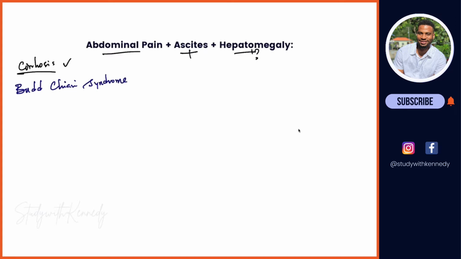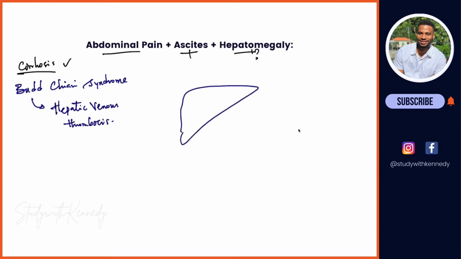And then you're going to ask yourself, okay, what's the pathophysiology of Budd-Chiari syndrome? What causes Budd-Chiari syndrome? Or what is Budd-Chiari syndrome, actually? Budd-Chiari syndrome pathophysiology is going to be hepatic venous thrombosis. You would remember a diagram like this, if you remember it.